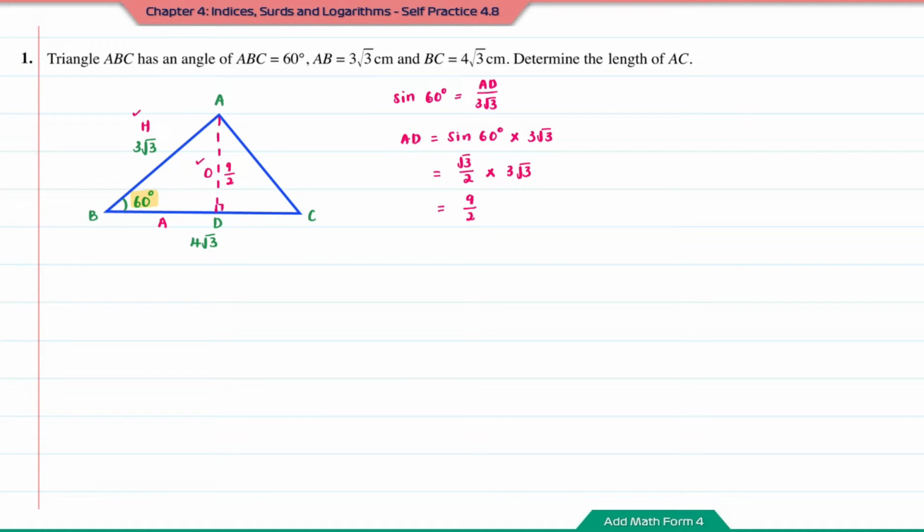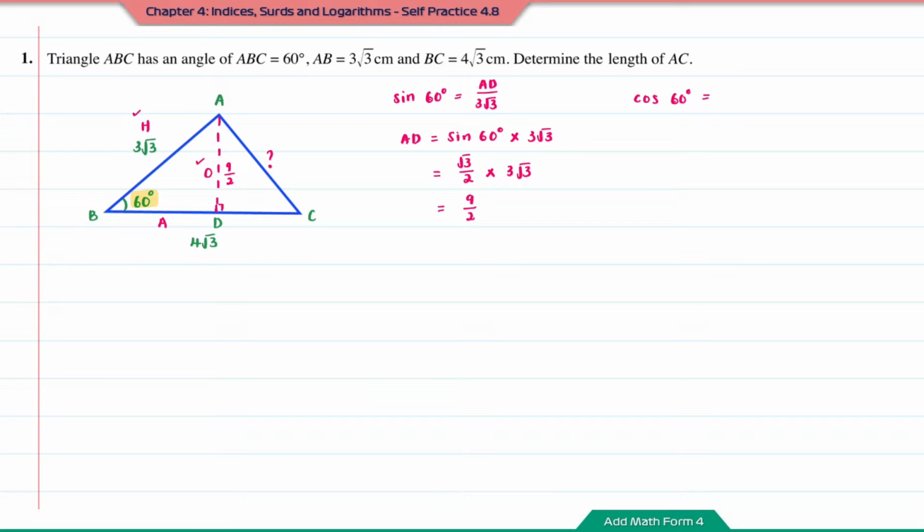Next, if you want to find the length of AC, we can solve it using the Pythagoras theorem if you know the length of DC. Before we find the length of DC, let us find the length of BD. Still using the right angle triangle ABD, now we're going to use cosine. Cos 60 degrees is equal to the adjacent side over the hypotenuse.